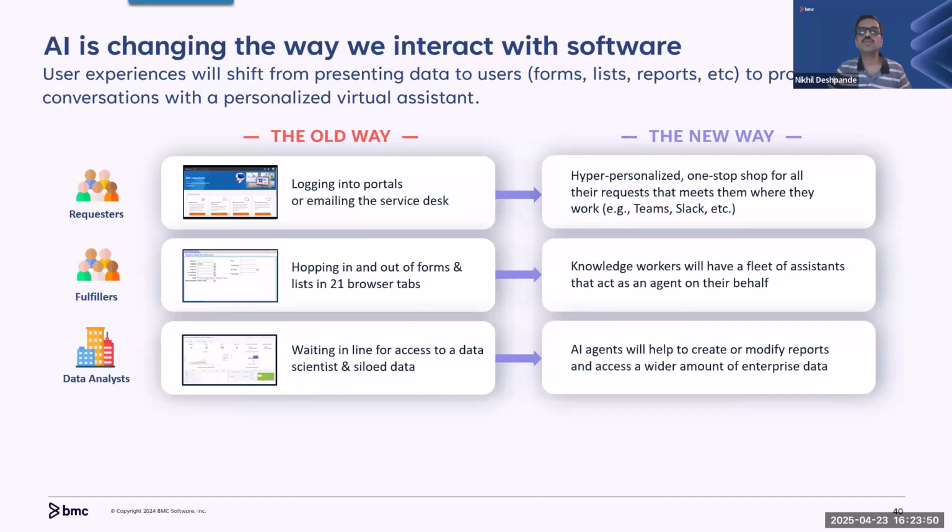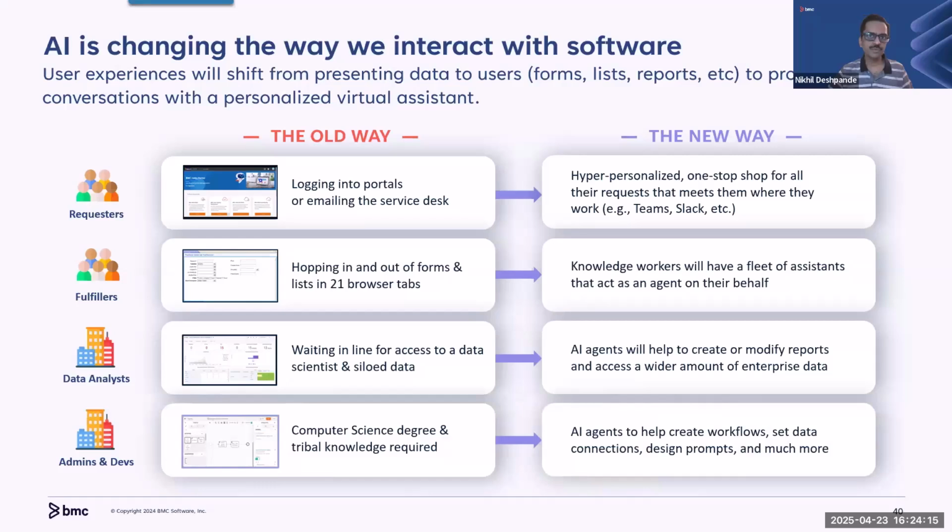The old way was to wait for a data analyst to become available for them to develop your reports. The new way is to rely on an AI agent that is capable of developing your reports and one that has access to a much wider repository of your enterprise data. So AI is now spreading and has already spread across so many areas.